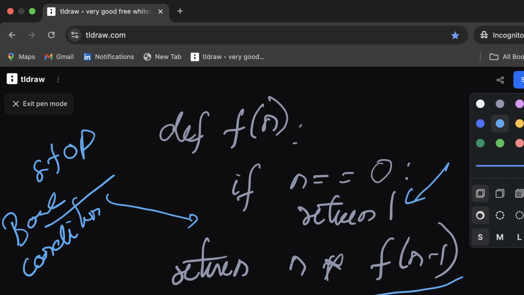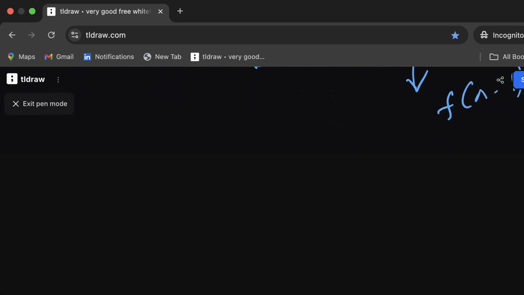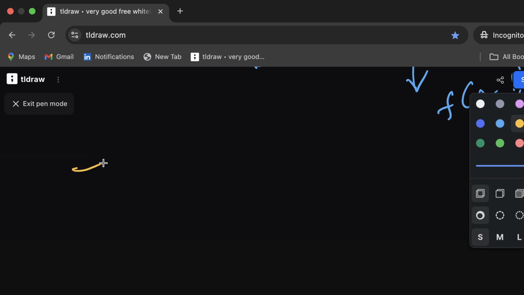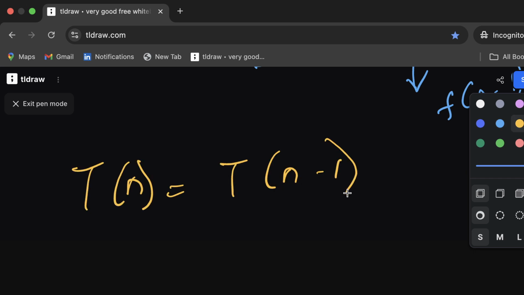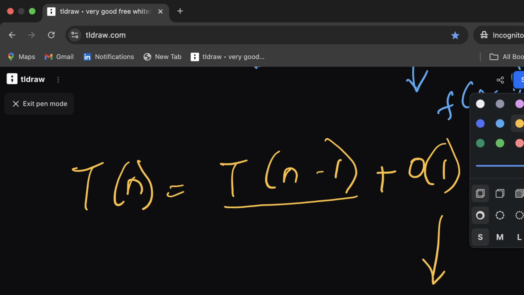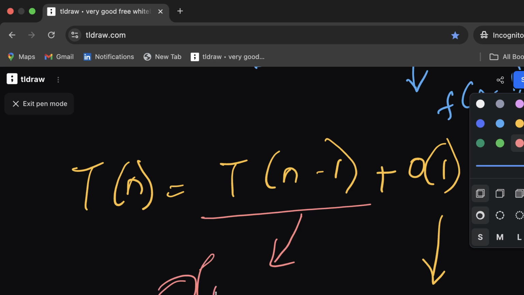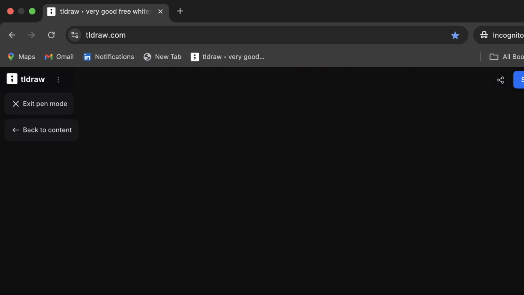So you can write the recurrence relation as T of n minus 1 plus O of 1, the constant work done. This is not going to come into our complexity. This is the major contributor towards our complexity, so the time complexity of this relation is going to be O of n.